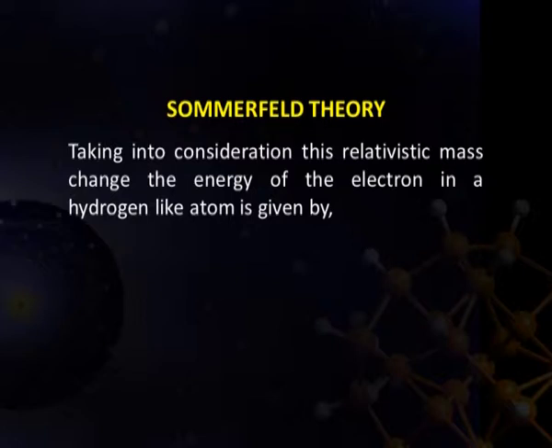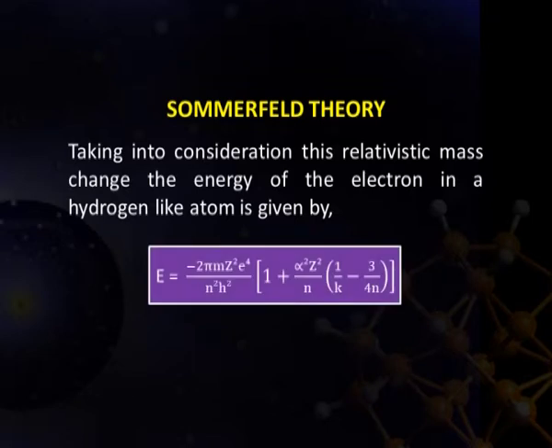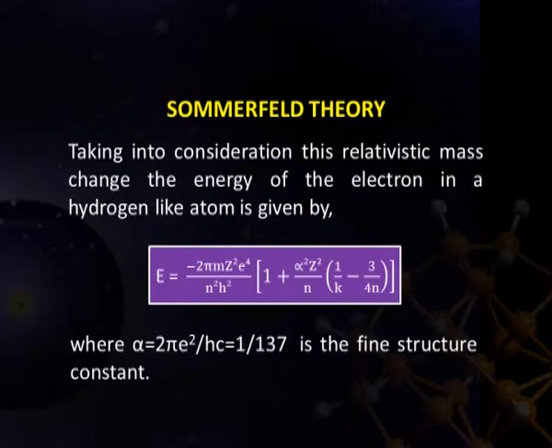Taking into consideration this relativistic mass change, the energy of an electron in a hydrogen-like atom is given by the equation E is equal to minus 2 pi square m z square e to the power 4 upon n square h square into 1 plus alpha square z square upon n into (1 upon k minus 3 upon 4n), where alpha is equal to 2 pi e to the power 2 upon h c, which is equal to 1 upon 137, the fine structure constant.